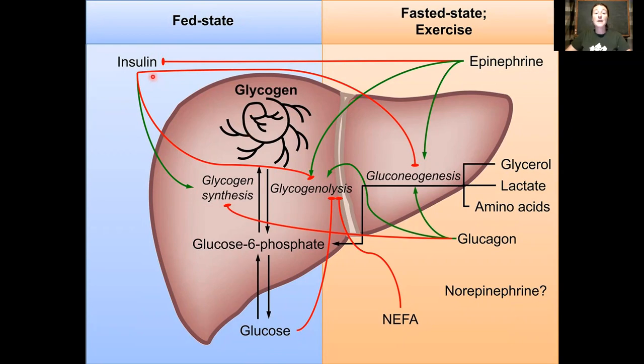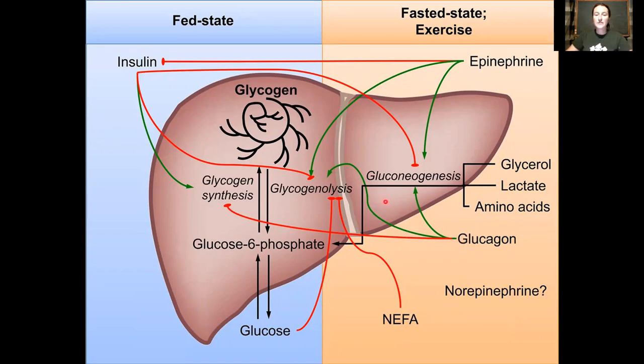On the other hand, glucagon is released when you are fasting or even when you're exercising, right? So there's not enough glucose in your blood, glucose is gone. And so glucagon is going to trigger more new glucose creation. We take glycerol, lactate, amino acids, all these different types of molecules, and we can literally make new glucose to be released into the blood.